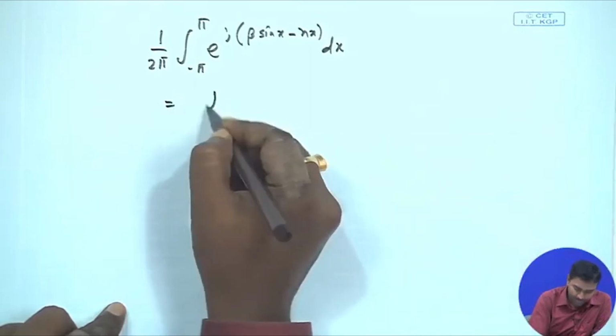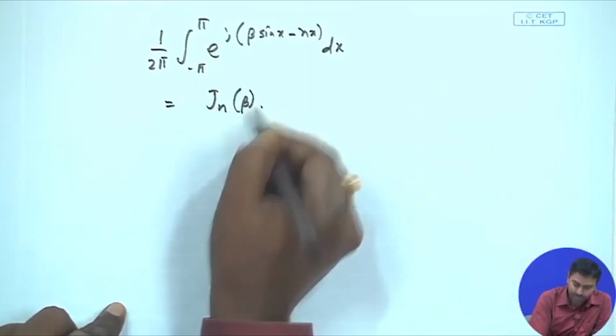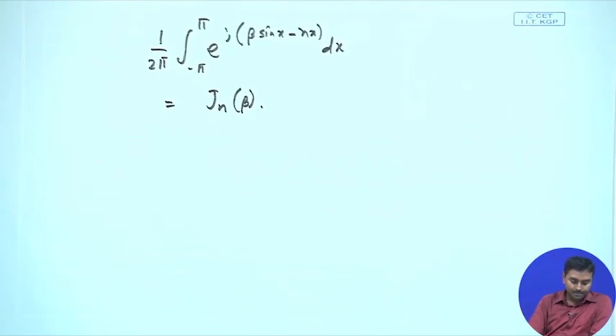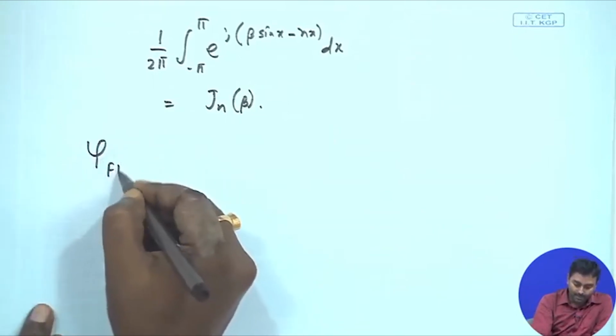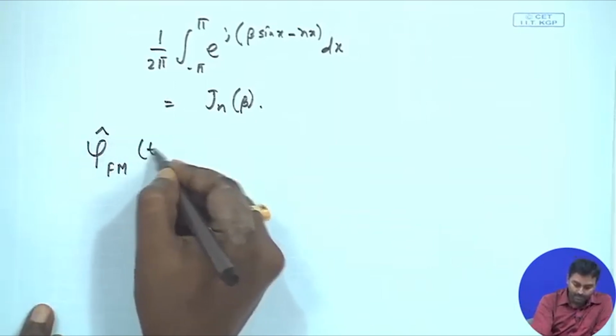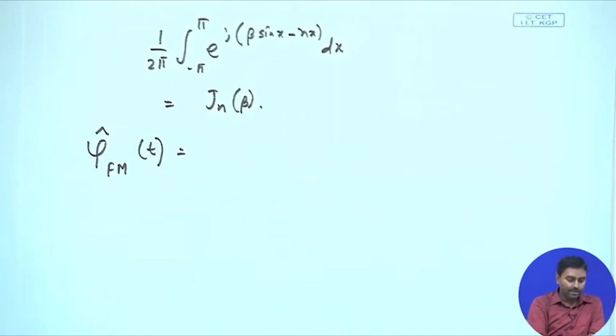This can be written as J_n(β). So, this particular integral I can write as J_n(β), right. Immediately, what happens to my representation of φ_FM(t)? This d_n can now be represented as this.